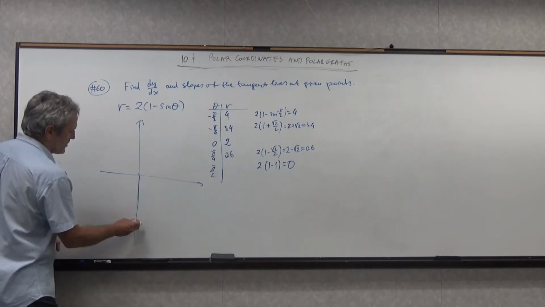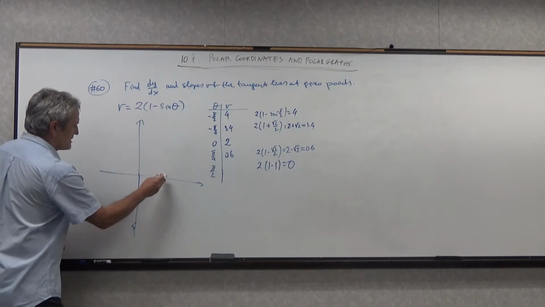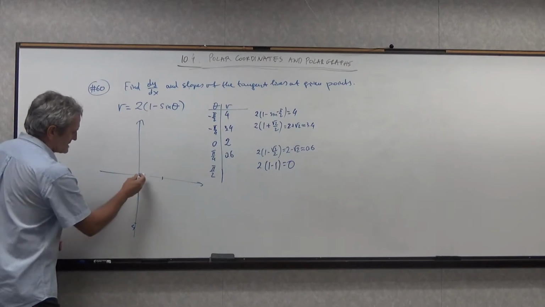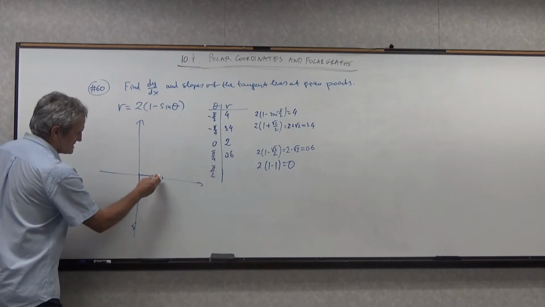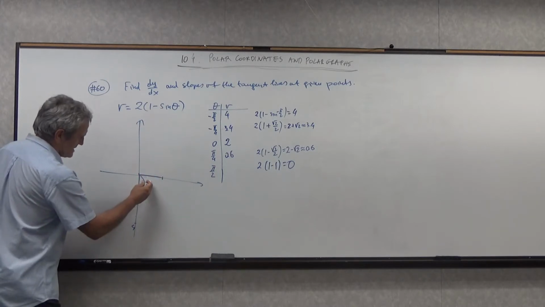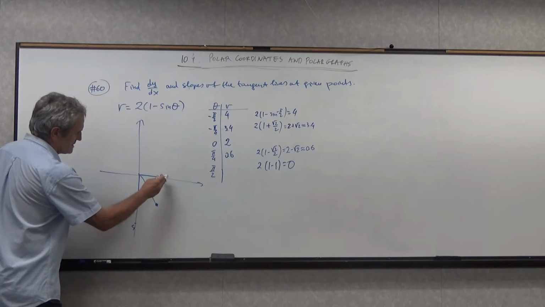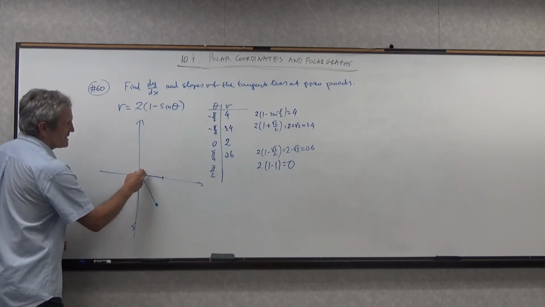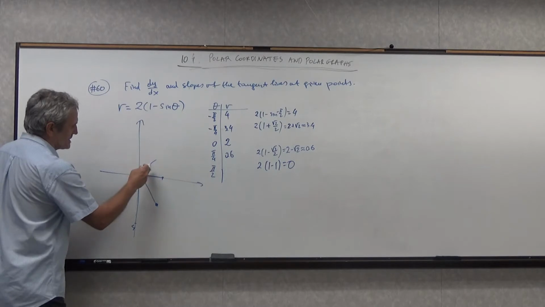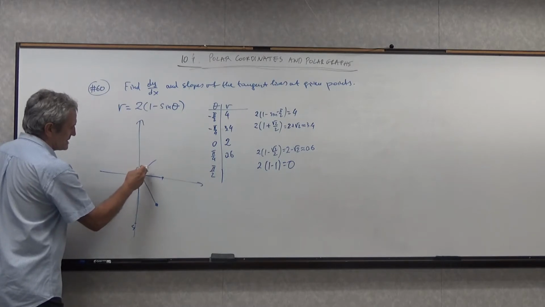I started with 4, the intermediate value was 2, and here are my rays. Negative pi over 4 got fairly long, at pi over 4 it became quite short, and then it became 0.